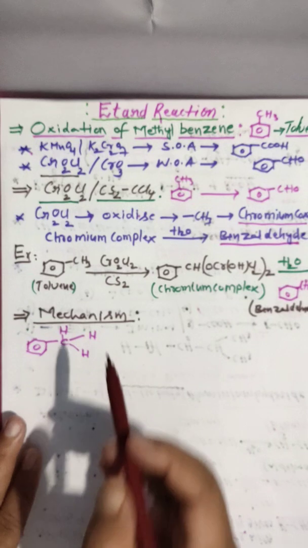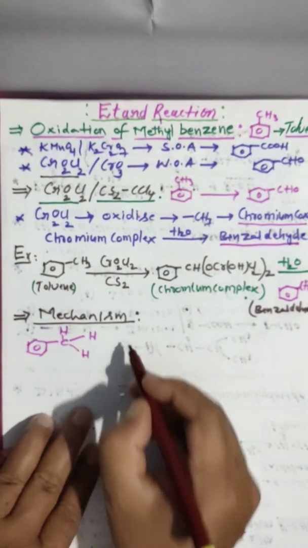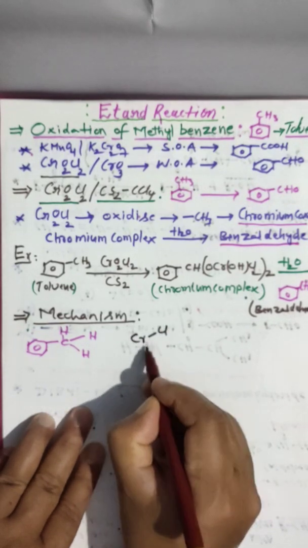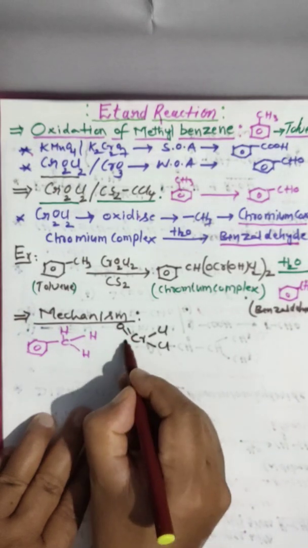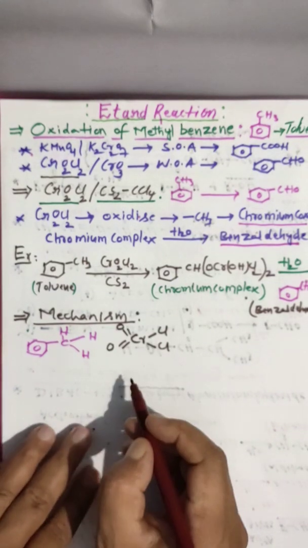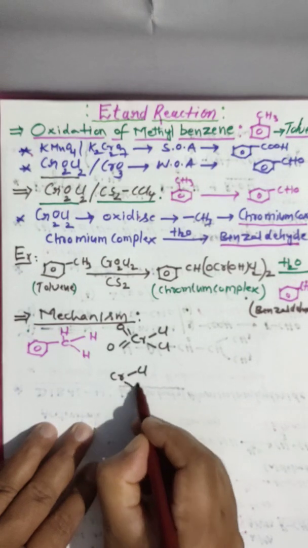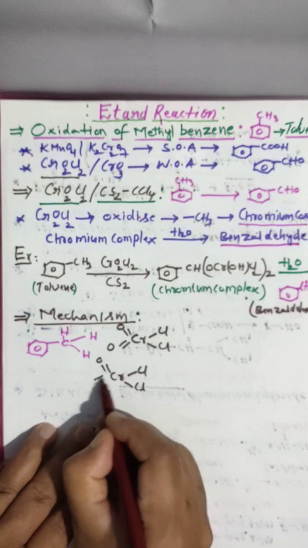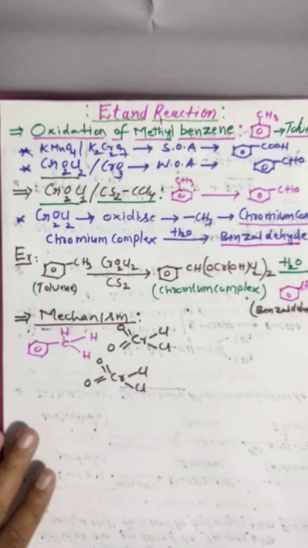Next, the oxidizing agent chromyl chloride. Here I am taking the chromyl chloride structure. We have to take 2 moles, so here one more mole I am taking. Clear? So 2 moles of chromyl chloride are involved in the reaction.